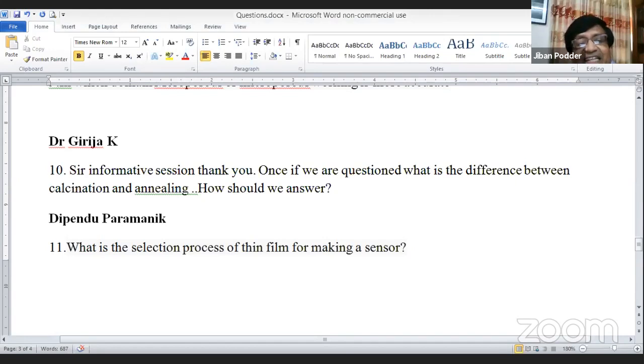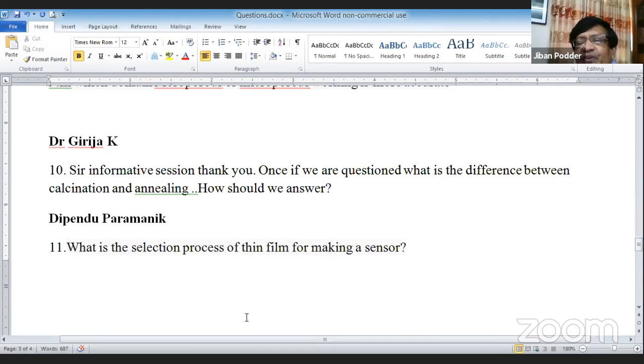Calcination, if you need it for a longer time, and you need some media also, or even in other media you can do it. But annealing, we can do even in an open system. Here is the film we deposited, we can anneal in open.